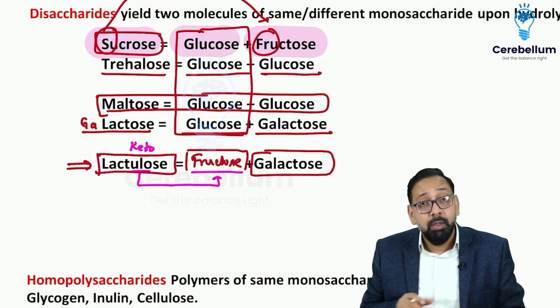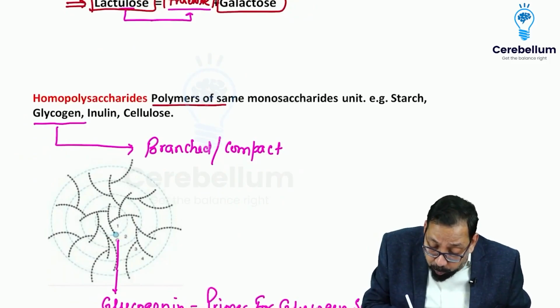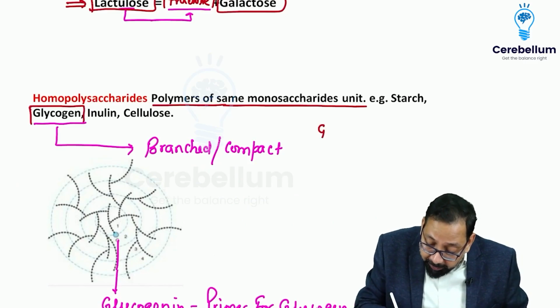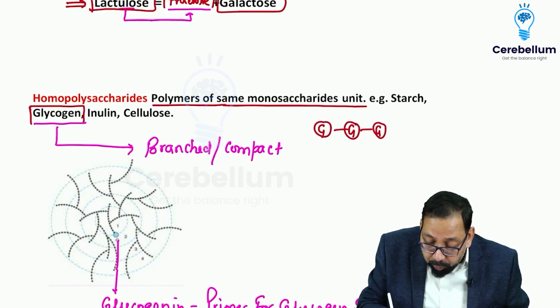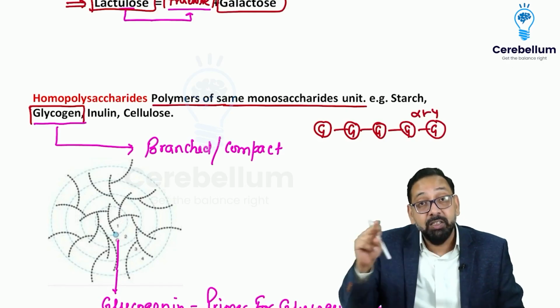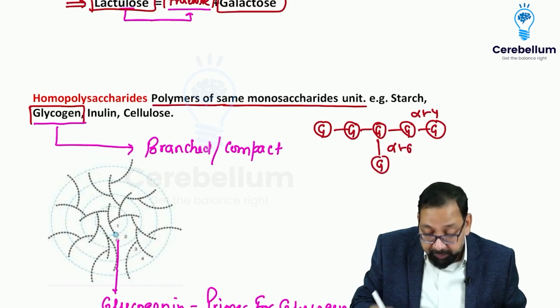lactulose. Now, a homopolysaccharide is a polymer of the same monosaccharide unit. Glycogen is a polysaccharide made up of glucose by alpha 1,4 linkage in a linear chain, and branching is done by alpha 1,6 linkage.